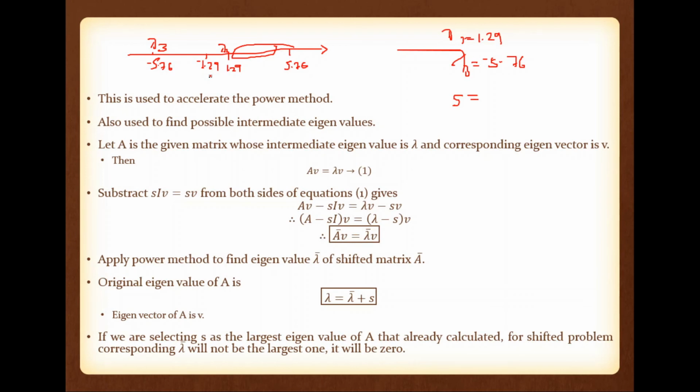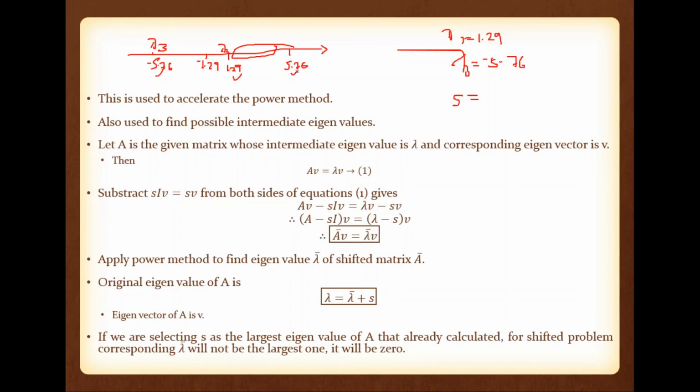First take the largest value, that is S is equal to minus 5.76. If it is not working, take the smallest eigenvalue, that is S is equal to 1.29. If these two are not working, then take the negatives of these two.